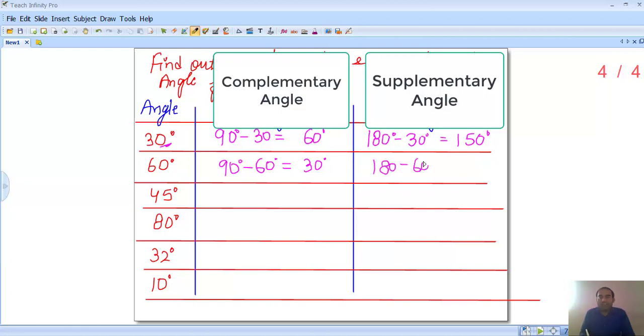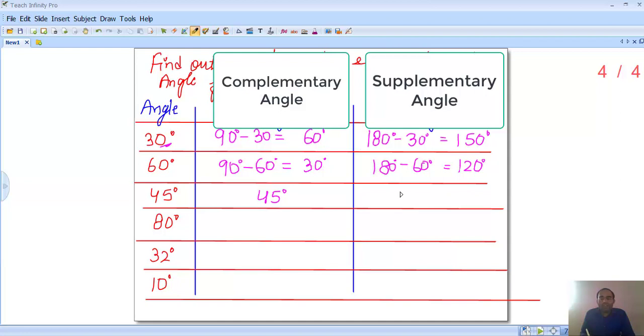180 minus 60 degrees. How much? 120 degrees. Okay, that means 60 degrees and 120 degrees are supplementary angles. Now 90 minus 45, that is 45 degrees.